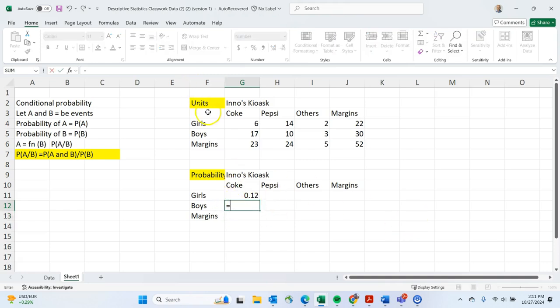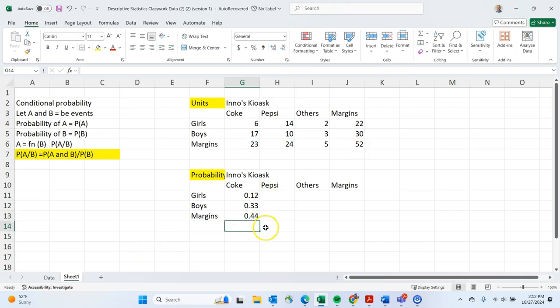Just put an equal sign, click on 17 divided by 52, and you will get that probability. Here as well, in fact, we could add that probability, but let's do this. Click on 23 divided by 52. So we have 0.44.